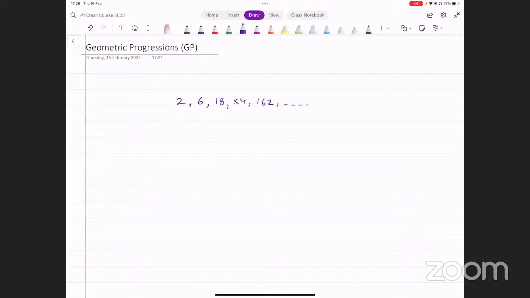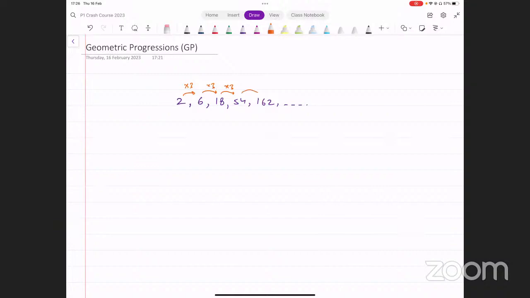Now, try to figure out how the consecutive terms are related in this particular example. If you think about it, 2 multiplied by 3 is going to give you 6. All right. Similarly, 6 multiplied by 3 is going to give you 18. And 18 multiplied by 3 is going to give you 54.